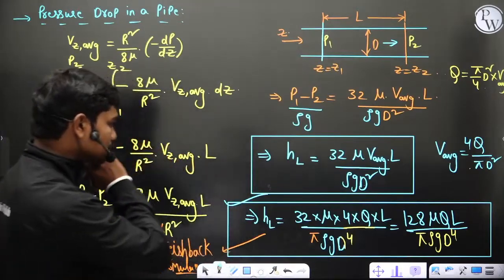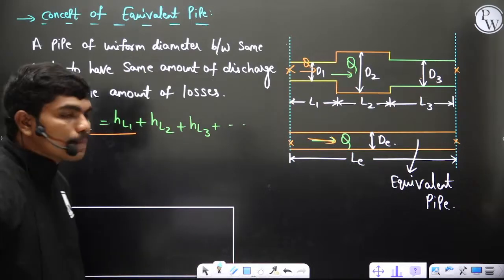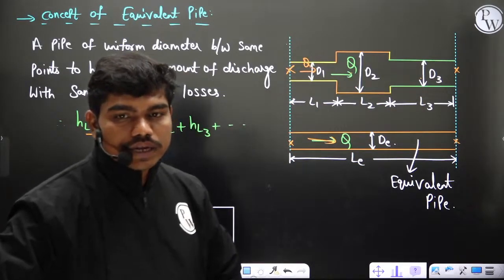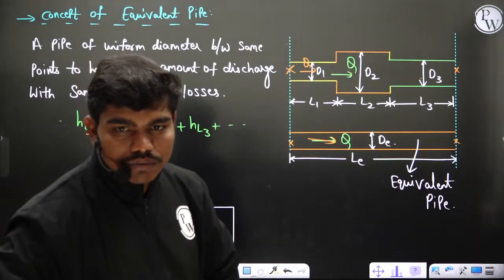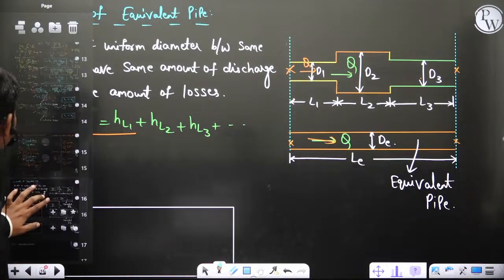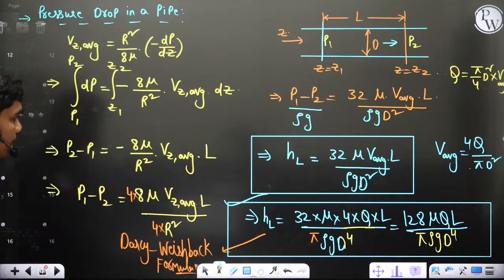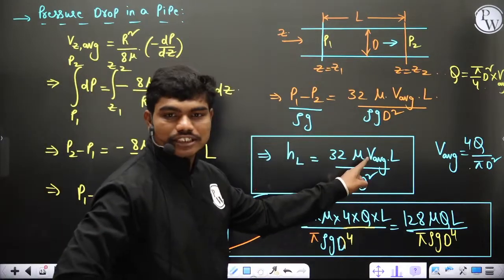So if this HL is correct, then how do we get a 5 there? 32 FL Q square by 12.1 D power 5. What is this? 1 by 32. V average will be in square, is it? V average is in square here. 32 mu V average, but we have only one V average here.